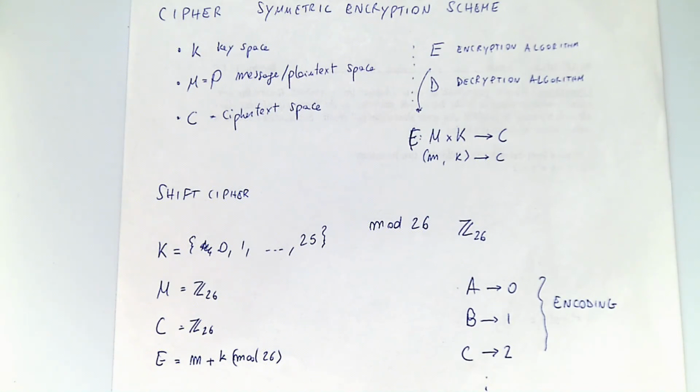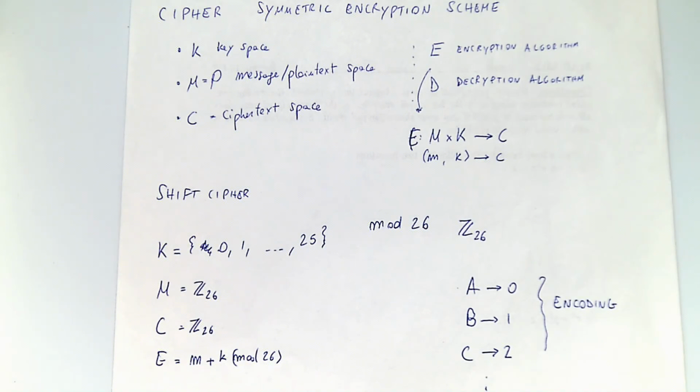Okay. So if I define my message space as a single letter, then my encryption algorithm is letter plus key. If I define my message space as, I don't know, 10 letters, then my encryption algorithm is different. It would be like message plus key for each letter.